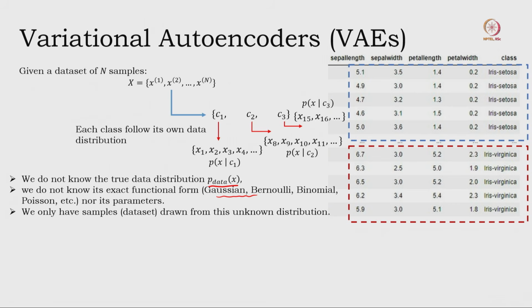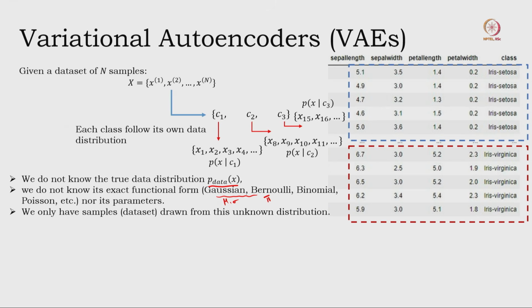What do I mean by parameters? When you say it is a Gaussian distribution, then we will be learning mu and variance or standard deviation. When it is a Bernoulli, we will be learning its probability. So, when we do not know its functional form, we do not know its parameters either.